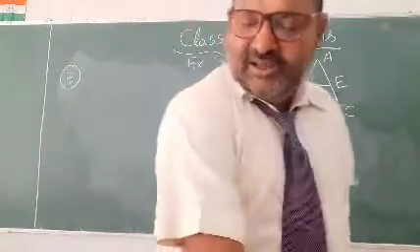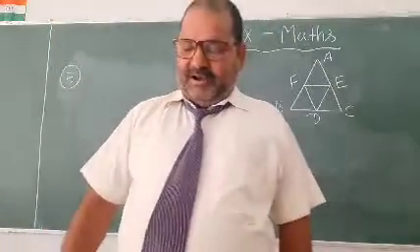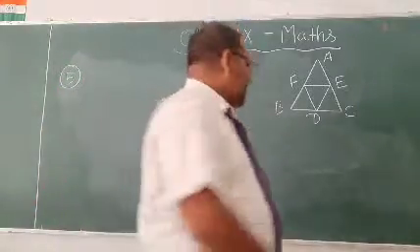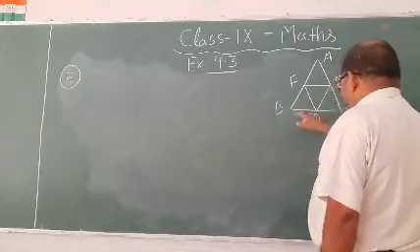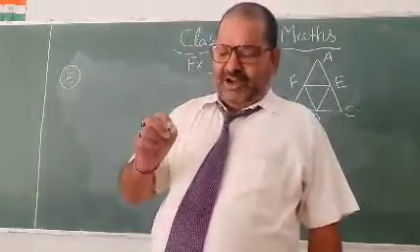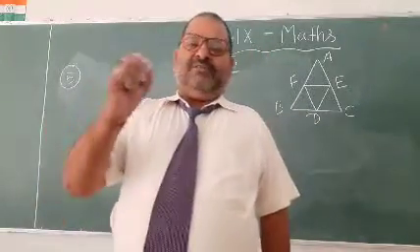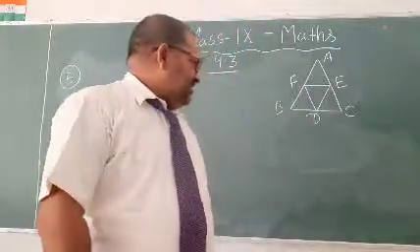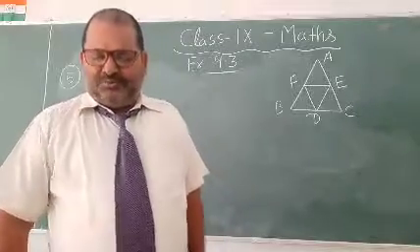Now see, in triangle ABC, EF is parallel to BC. Then by the midpoint theorem, EF equals 1/2 BC, and D is the midpoint, so BD equals 1/2 BC.